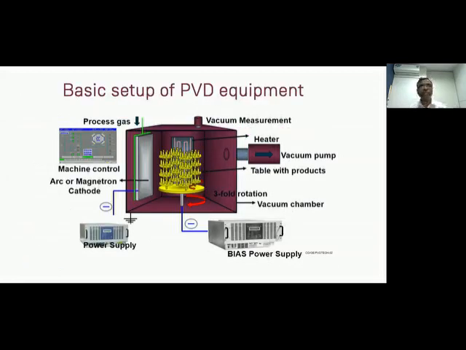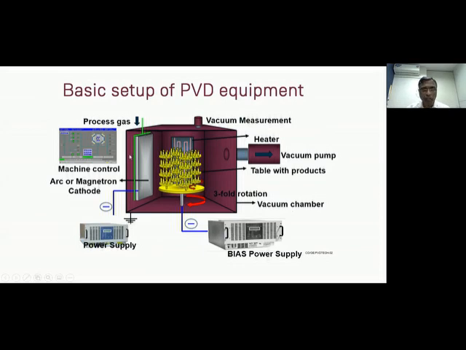This is the general setup of the PVD process. Here we have the vacuum chamber, then the tools which are loaded on the table, which is continuously rotating inside the chamber. We have vacuum pumps, then vacuum measurement units, and heaters to heat the tools.